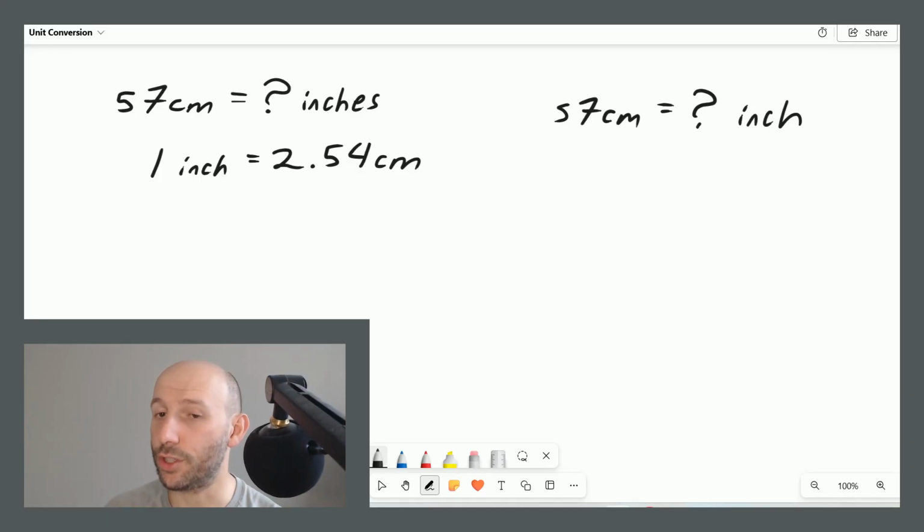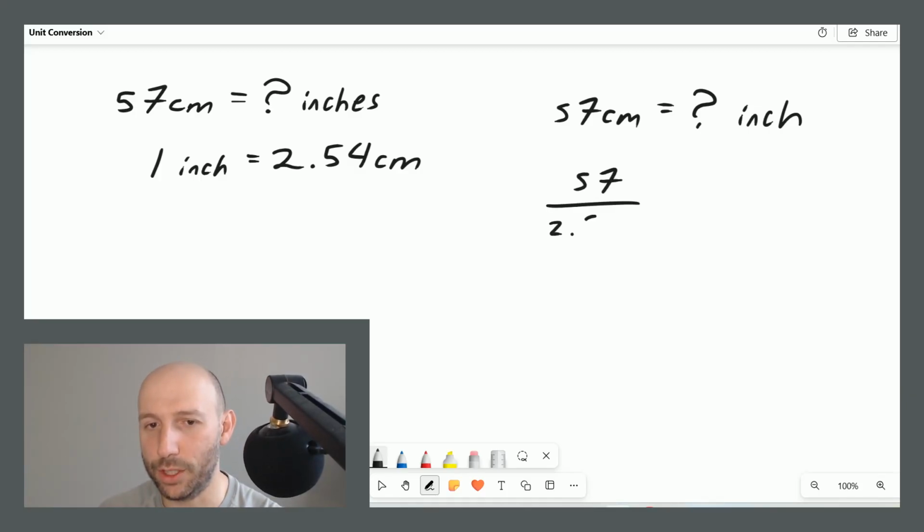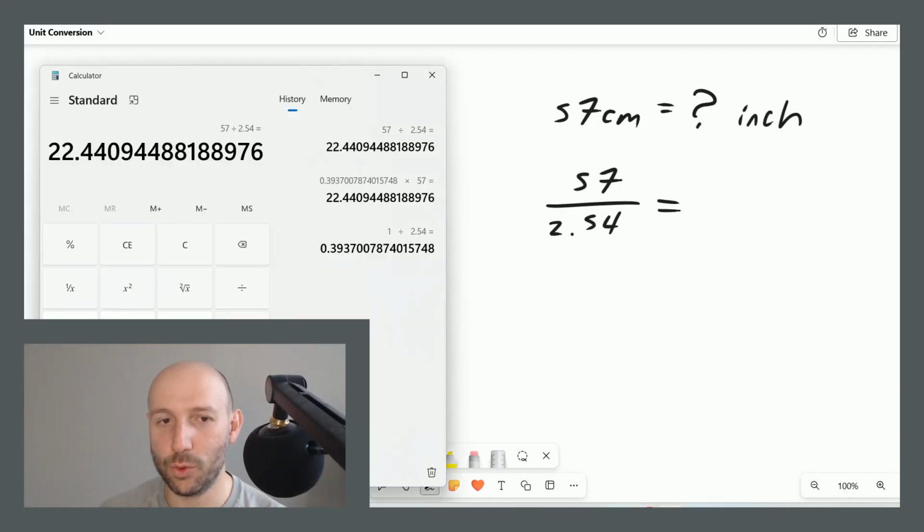And if the number should get smaller, then we need to divide by our conversion factor, which is greater than 1. So 57 divided by 2.54 gives us, well, that's what we just calculated, 22.44.